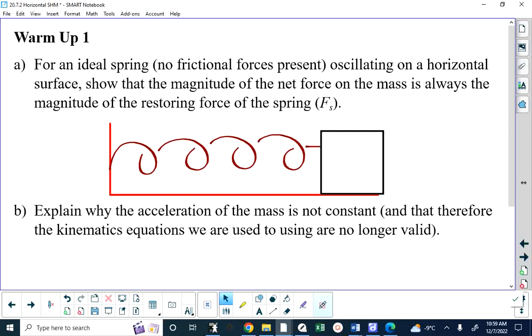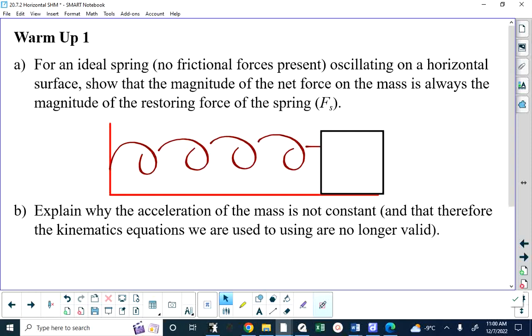So I pull this back and I let it go, and it maybe goes back and forth from this point to this point. It just oscillates. And how quickly it oscillates depends on the mass, it depends on the spring constant. But what we are asked to do is explain why the net force is the force that the spring exerts on the mass. So let's imagine right now that this mass has been pulled to the right, away from where it would normally be.